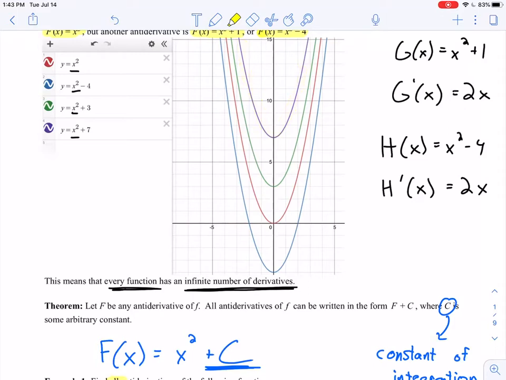If you tell me that my function passes through 1 comma 8 right here, then I know immediately that I'm talking about this purple function. That tells me which specific antiderivative it is, and it gives me a way to solve for c, and I can figure out that c is equal to 7 in this case.